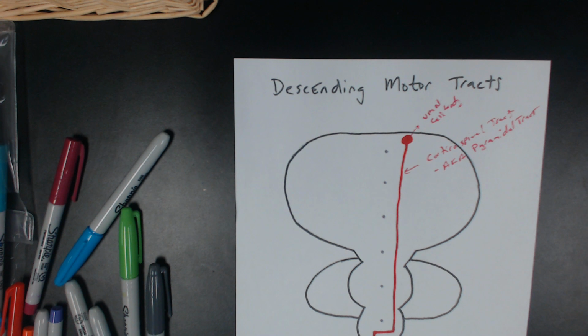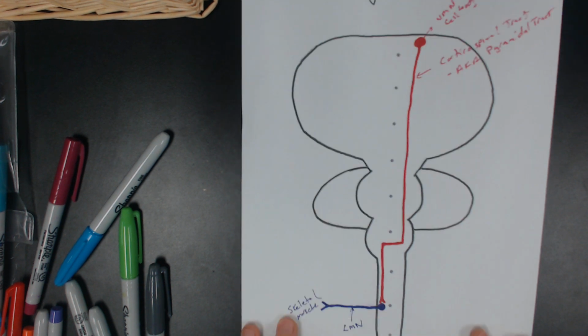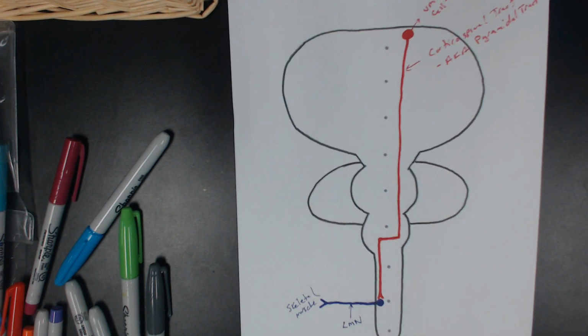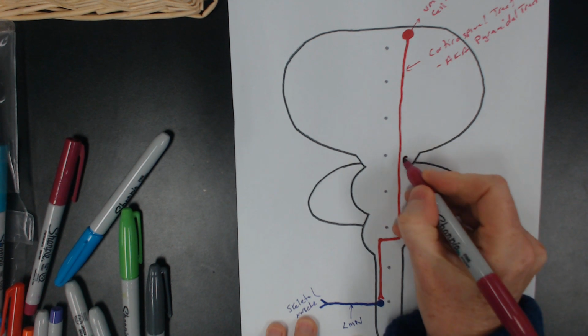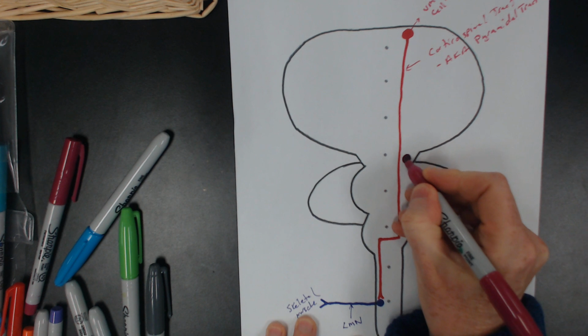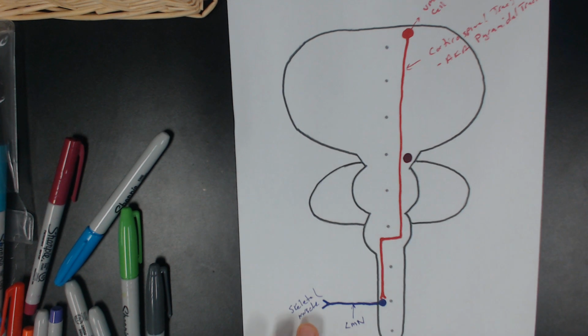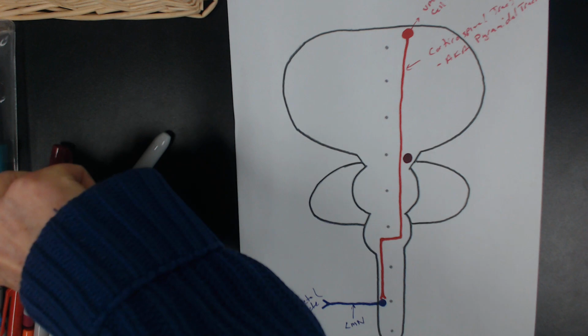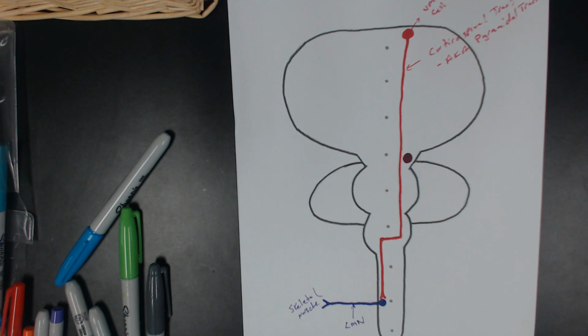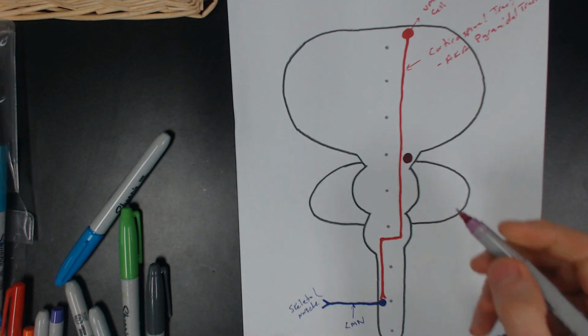We talked previously about another descending motor tract. And for this one, there's going to be a nucleus here that's present in the midbrain. Just remember that nucleus name, anybody? It's going to be your red nucleus.